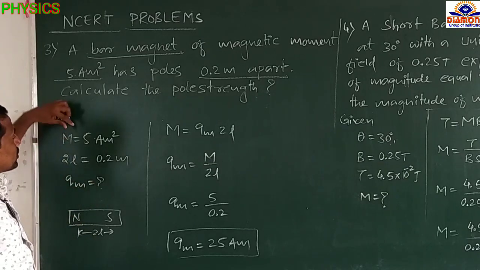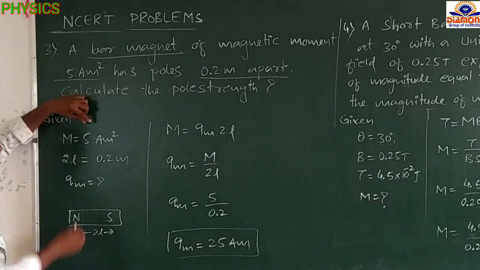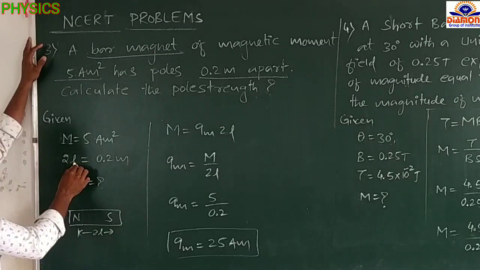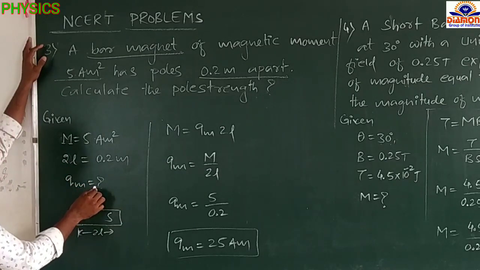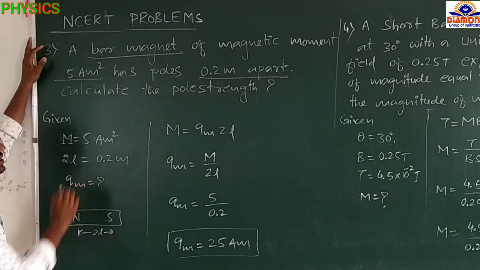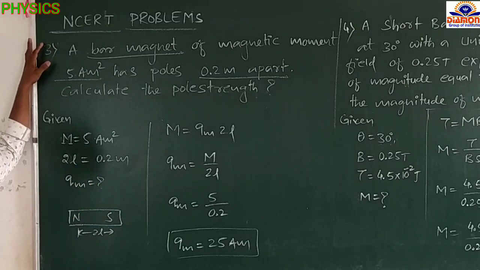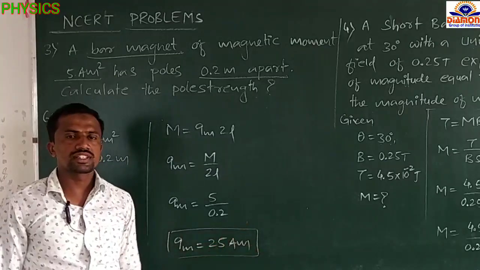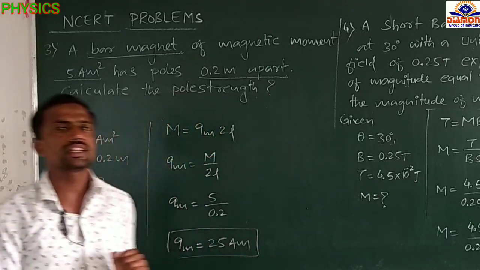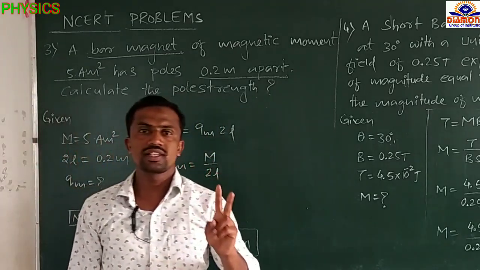Okay. Which values are given in our question? The magnetic dipole moment value is given. The pole strength value we are calculating. The length of the magnet is given. 2L equals 0.2 meter. As you know, we already discussed the formula of magnetic dipole moment. There are two formulas.